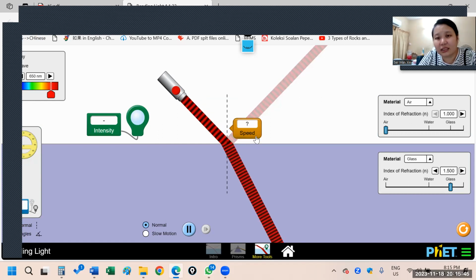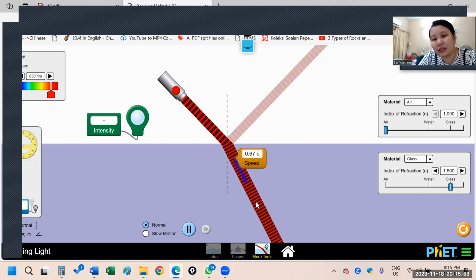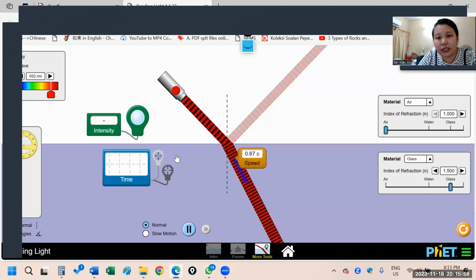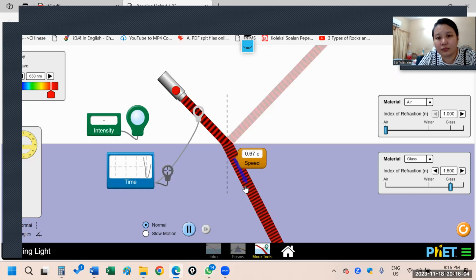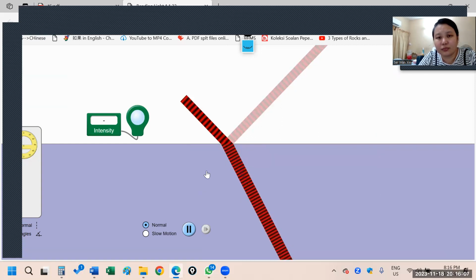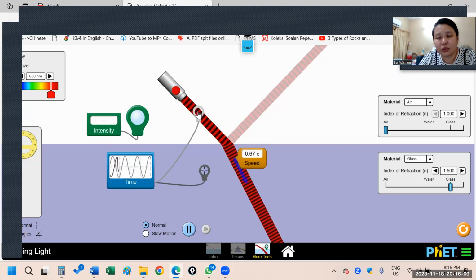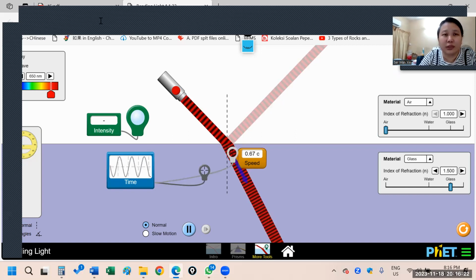Then entering the air, it is also the same speed, but when it enters the glass, the speed decreases. That's why it will bend towards the normal. So you can see the wave outside is like this, and the wave inside has a smaller wavelength, which means it's slower.